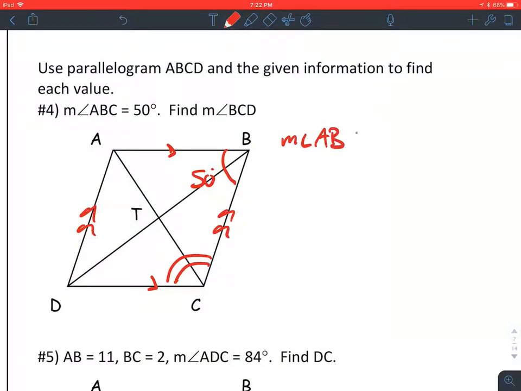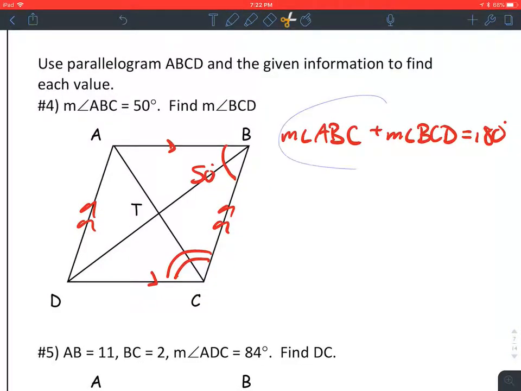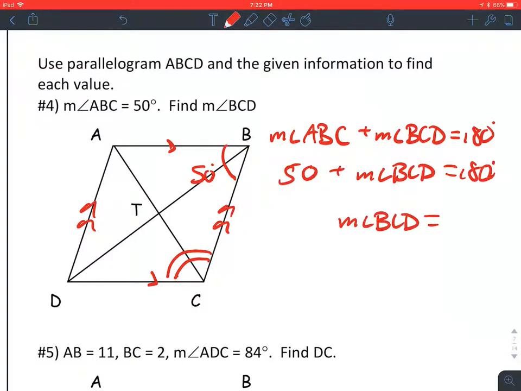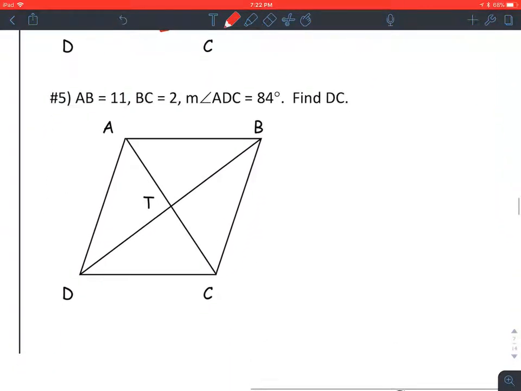Measure of angle ABC plus the measure of angle BCD is 180. Consecutive angles are supplementary. So that's 50 plus the measure of angle BCD is 180. Thusly, the measure of angle BCD is 130 degrees.